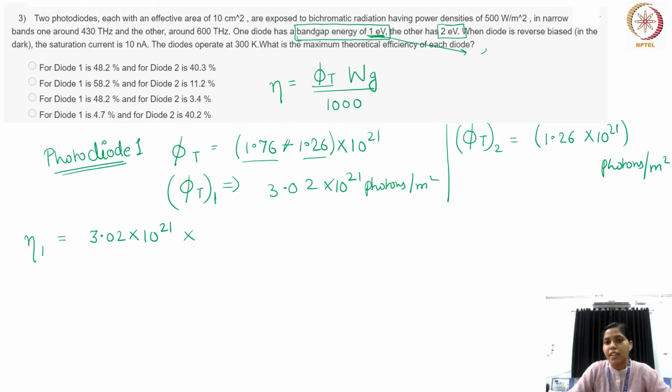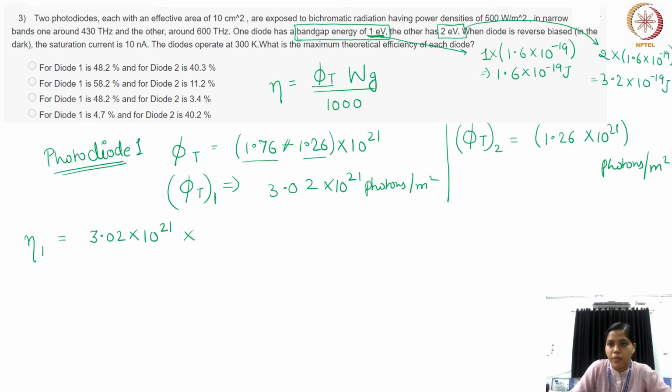When I convert it into joule, it will be 1 into 1.6 into 10 raised to the power minus 19 joule. And for the second photodiode, it will be 2 times 1.6 into 10 raised to the power minus 19, that will give 3.2 into 10 raised to the power minus 19 joule.